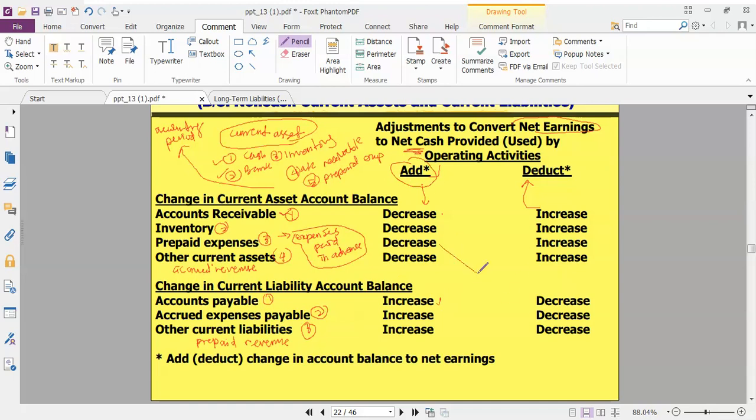Between current asset and current liability, there is a proportionate opposite direction. So for current liabilities, when there is an increase, you should add on. But when the change is a decrease, you should deduct that amount.